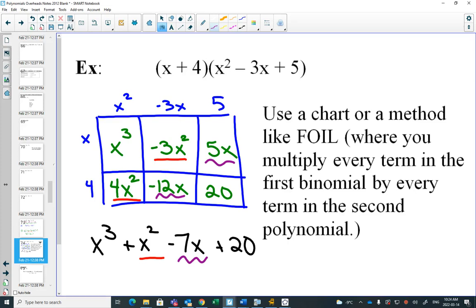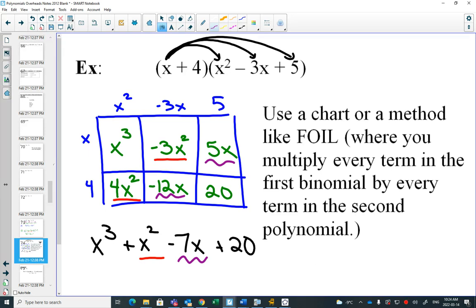I would probably recommend the chart method. If we look at what's happened, can you see that the first row on our chart we got by multiplying the x by the x squared, the x by the minus 3x, and the x by the 5.